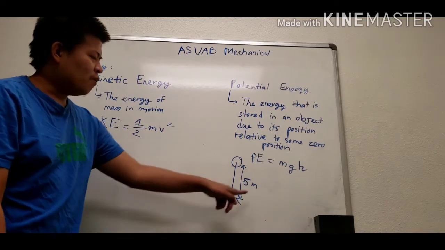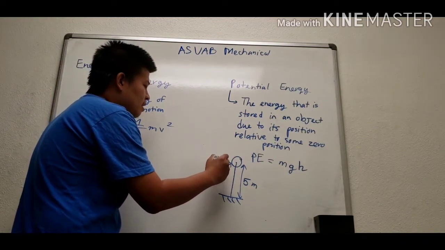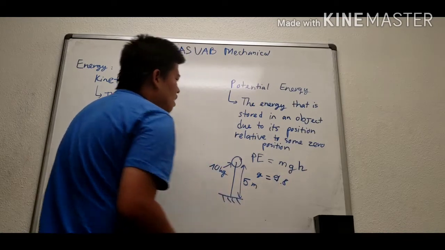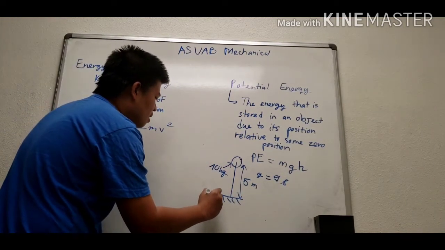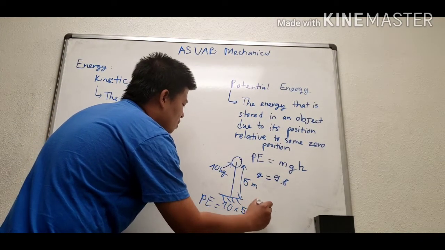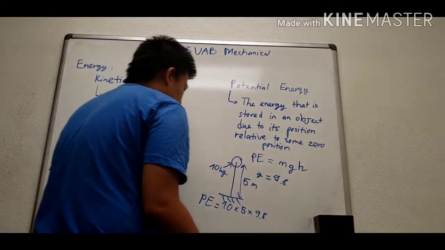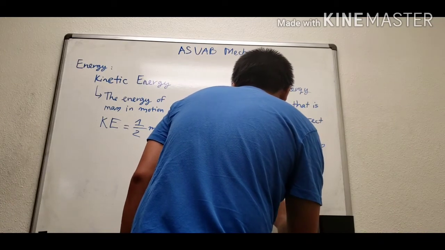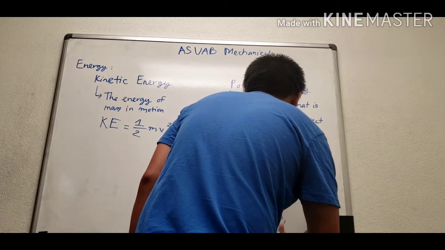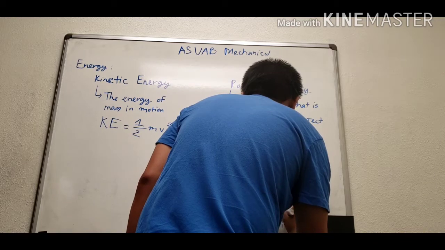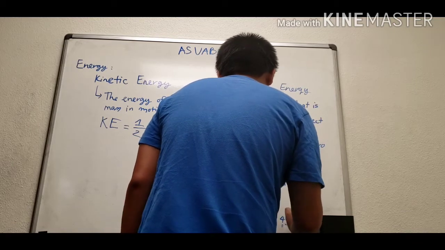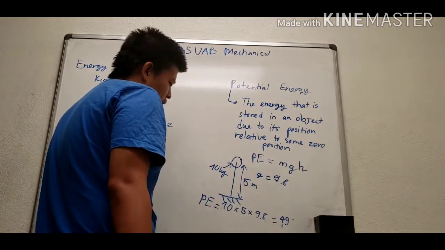In here we have 5 meters, the ball is about 10 kilograms, and we have the gravity about 9.8, so that the potential energy in here is about 10 multiplied with 5 multiplied with 9.8, and we got about 490.